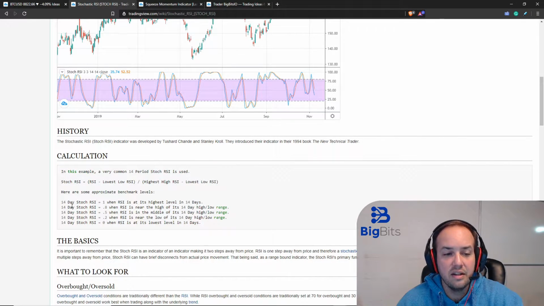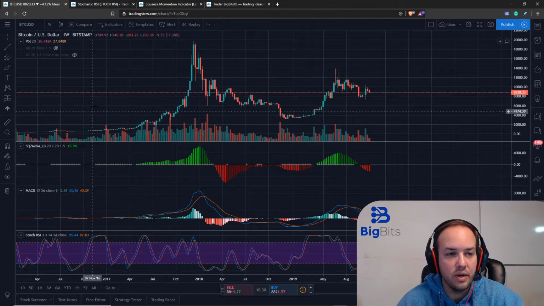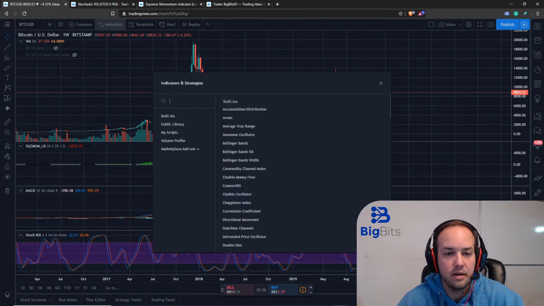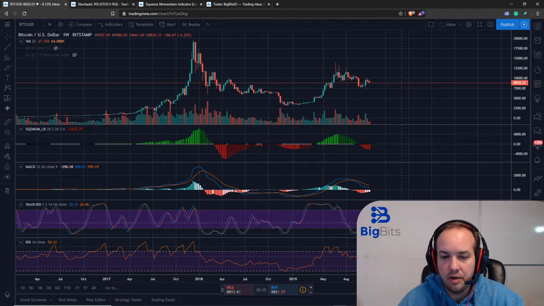And you can tell there are some pretty good notes here. When it's all the way at 100, then the RSI is at its highest level in 14 days. Now, I feel like I need to show the RSI here as well, so let me pull up that indicator. Okay, let's compare these two together here.